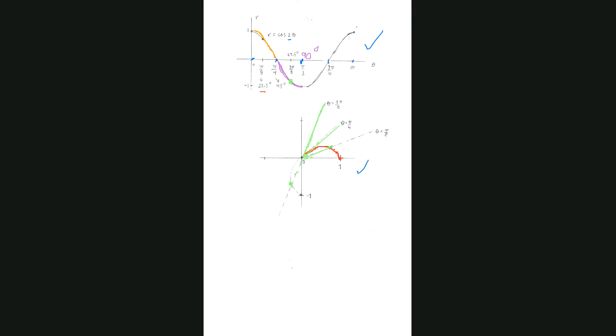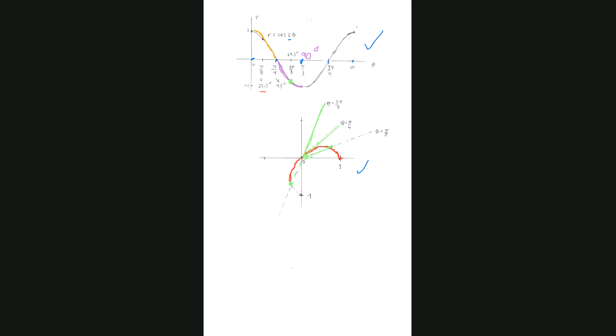Hold the phone. Now wait. No, that's not right. 0.7, right? Square root of 2 over 2 is 0.7. Yeah. And there we are. So now our polar curve has to go this way. You see that? Has to go this way.